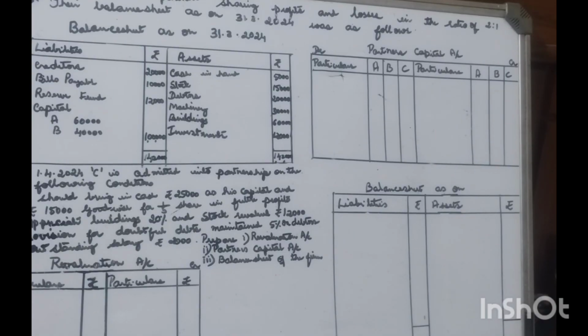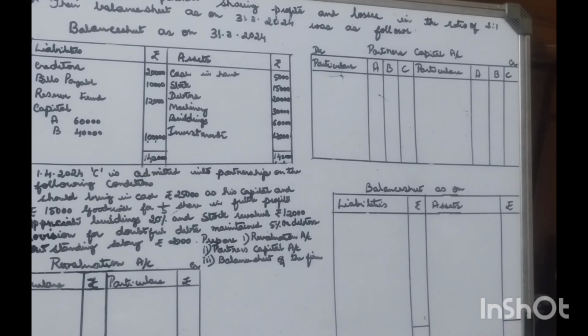The assets are cash in hand, stock, debtors, machinery, building, investment. You are asked to prepare revaluation account, partners capital account as well as reconstituted balance sheet on admission of a new partner. First we will understand various entries and where they have to be made.